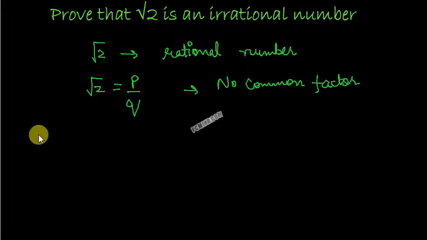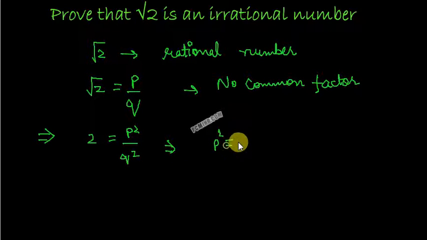Now, squaring both sides, that would give us 2 on the left hand side and p square upon q square. So this gives me that p square is equal to 2q square.